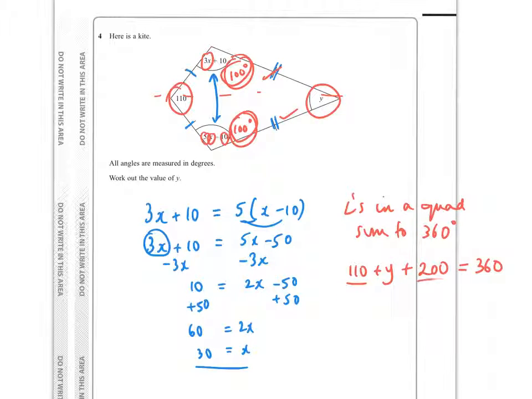So simplifying here, we have 310 plus something equals 360. Well, you can see what that something is just by looking, and that y would be 50 degrees. So x is 30 degrees and y is 50 degrees, and that's what we wanted, y.